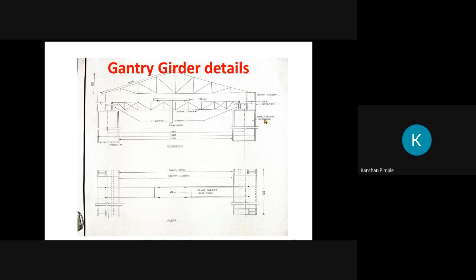This is actually a long column. There are two columns, as a straight column is provided. This long column size is ISMB 500, and the short column size is ISMB 100. The short column supports the roof truss, and there is an enlargement in the column, whose purpose is supporting the gantry girder.